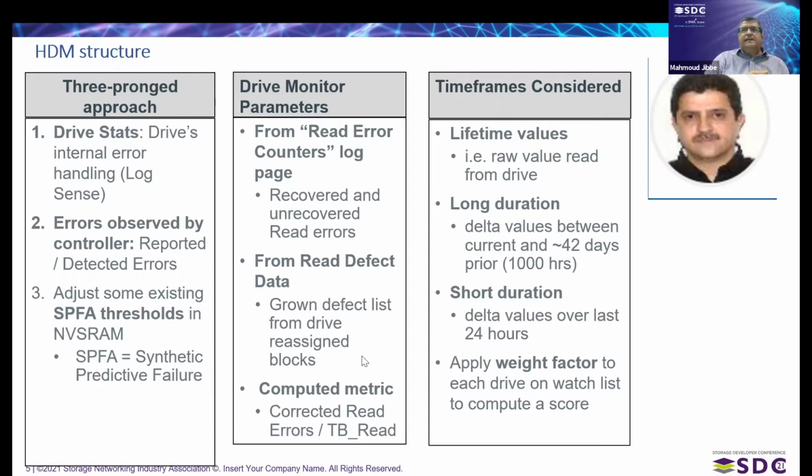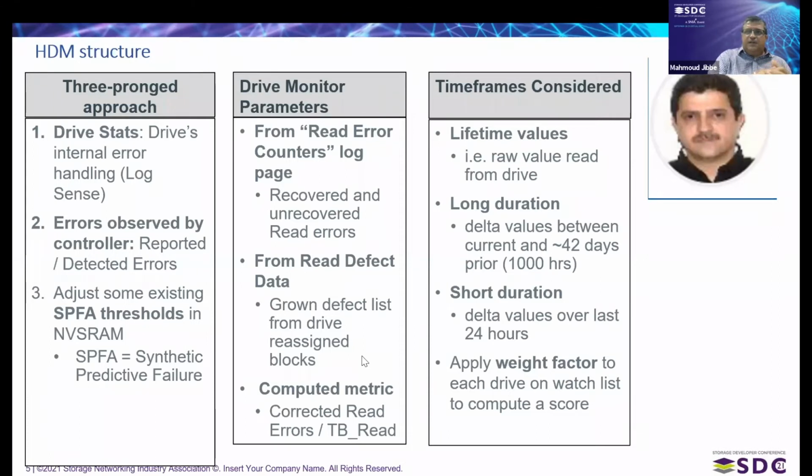Also, we look at errors that the array controller detects from these drives, errors like recovered error, media error, parity error. We also have a drive that we suspect needs to be evacuated to a global hot spare. That type of error we also look at in the controller monitor error.